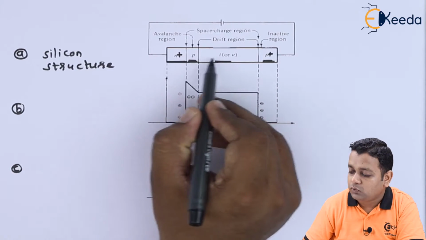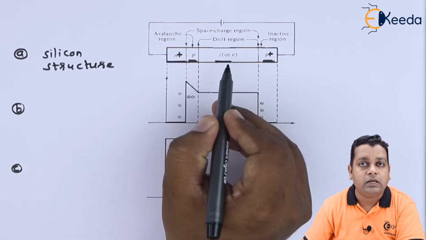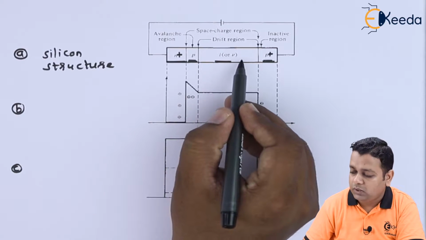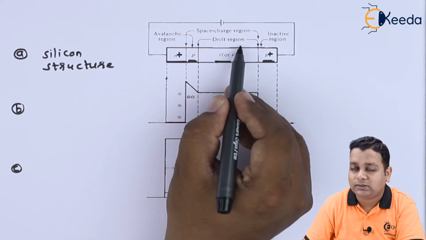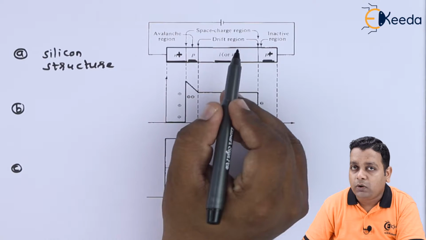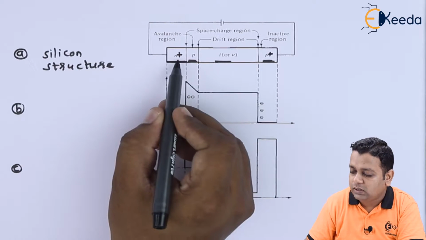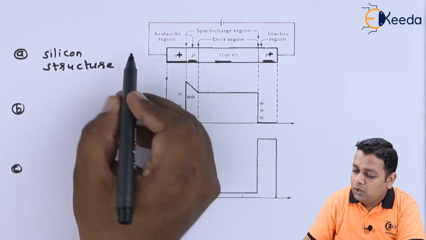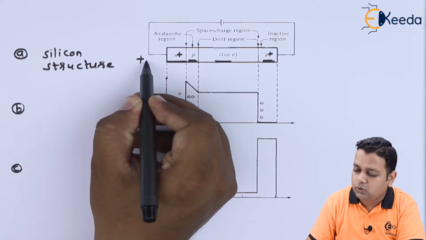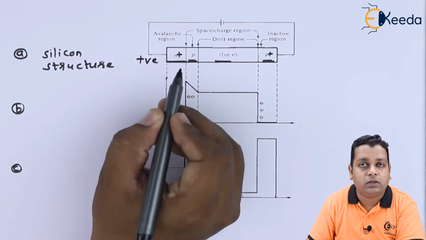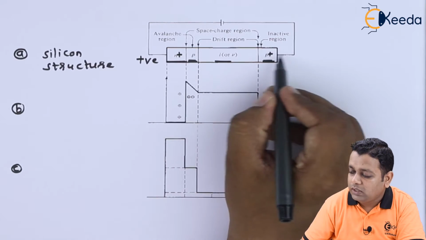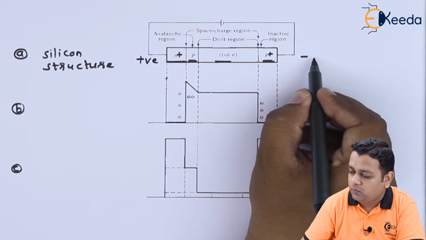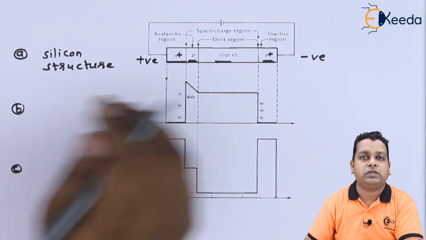It has to pass through this intrinsic layer represented by I or V, hence this is called the drift region. Because of the reverse biasing, the N plus has the positive potential applied to its electrode, whereas P plus is provided with the negative potential.